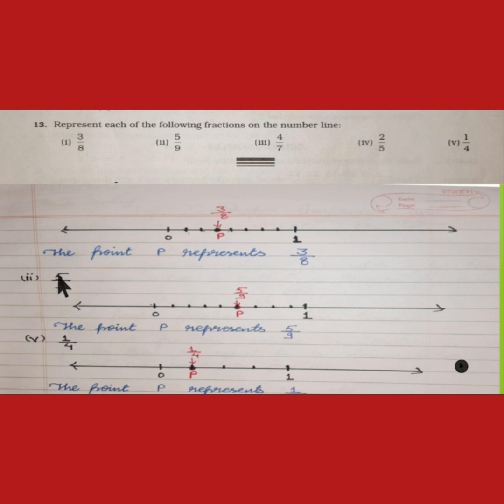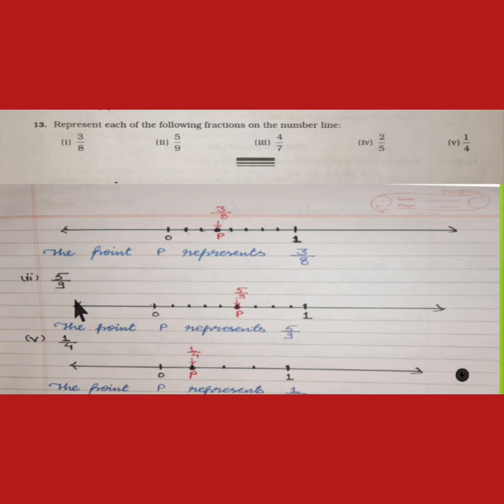Next is 5 upon 9. For this one, first we make the number line. Then in between 0 and 1 we make 9 equal parts. 1, 2, 3, 4, 5, 6, 7, 8 and 9, and the ninth part is 1.